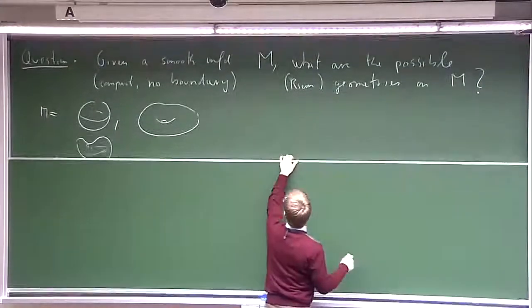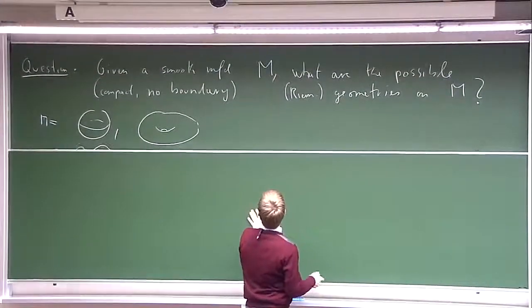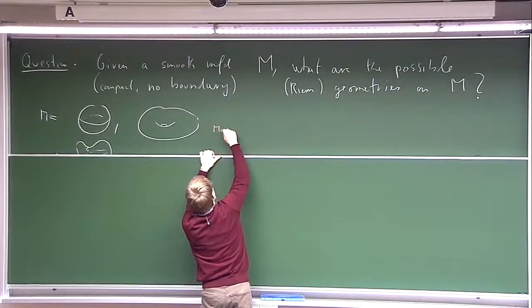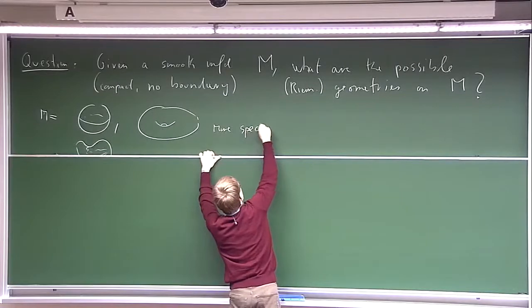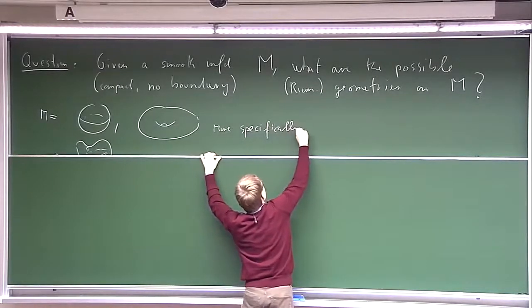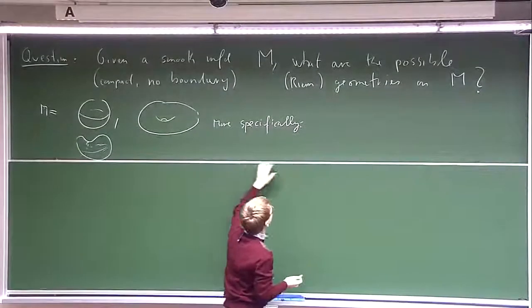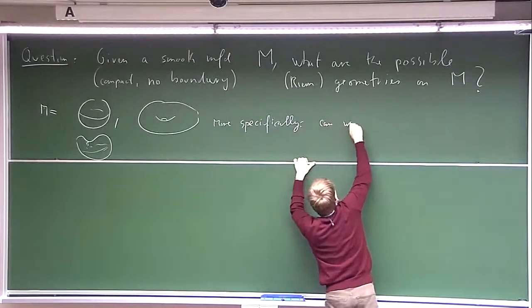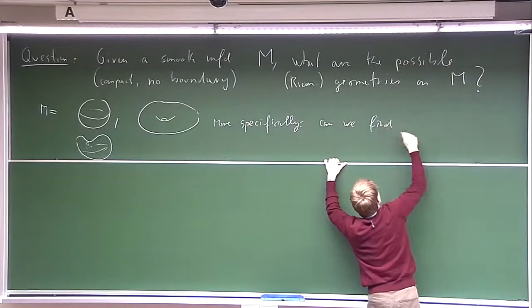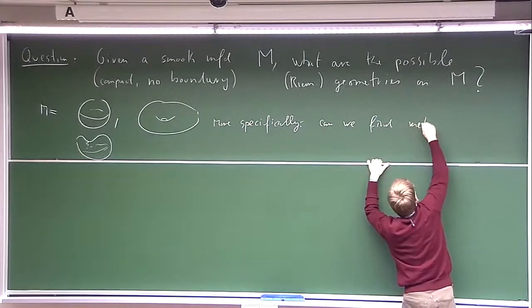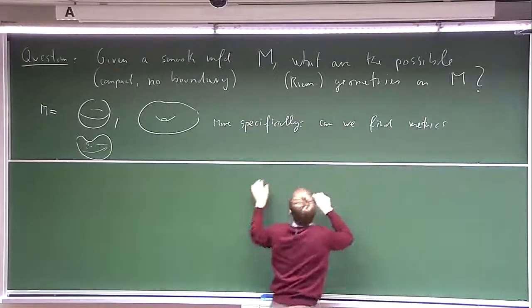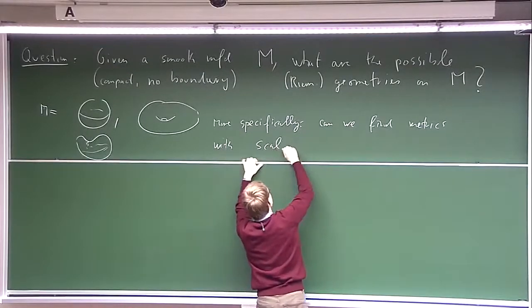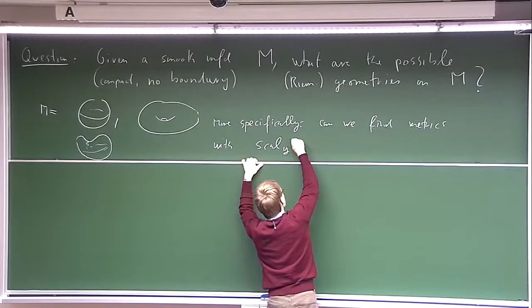And inspired by this, let me be just a bit more specific. Can we find metrics such that the scalar curvature function is everywhere positive?